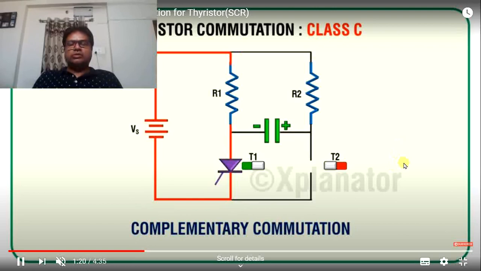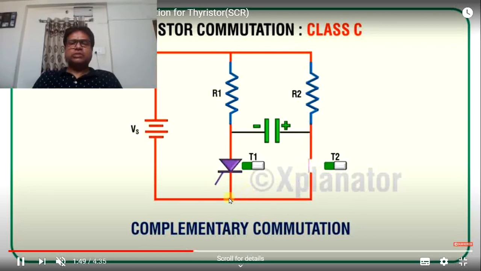And when you want to turn off the main SCR, then you will simply turn on the SCR2. When SCR2 is turned on, now the current takes a path like this.